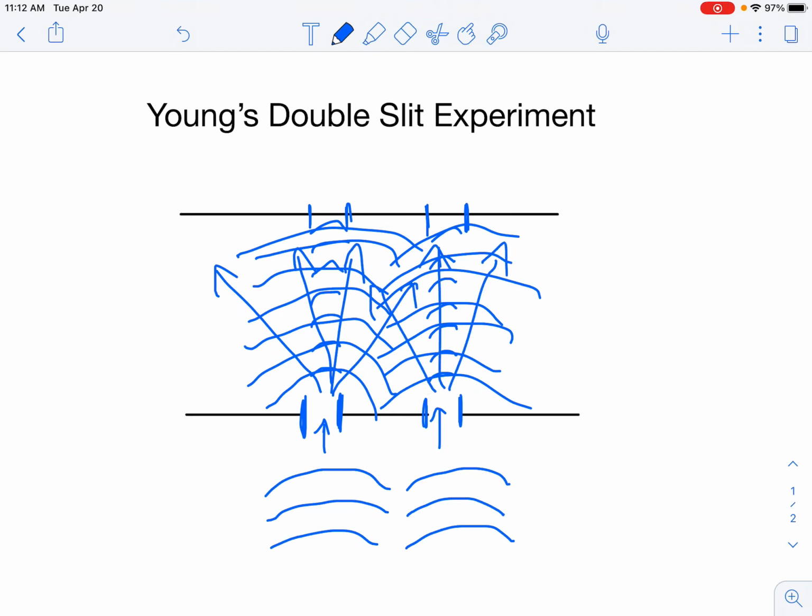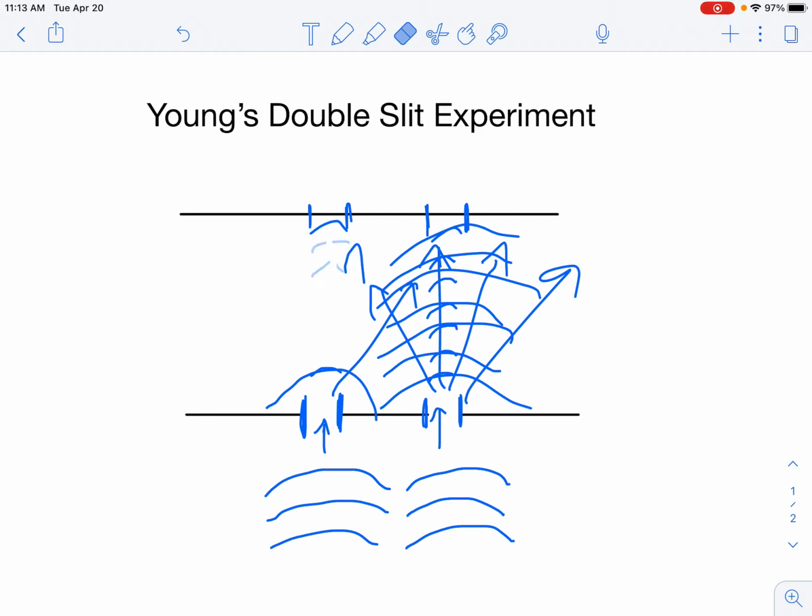And so we can see that it's way more complex than just to think that when we have two jets turned on in a pool, they're going to create a ripple effect in the water in a very straight line across to the opposite wall. So we know that there's going to be a level of complexity here, and we want to understand what that looks like and then how that's indicative of the wave properties of light.